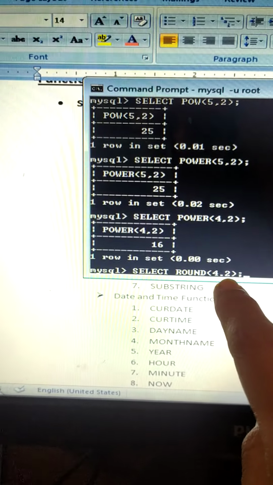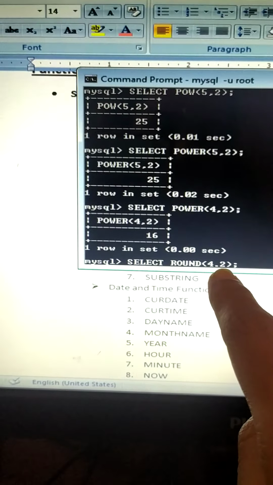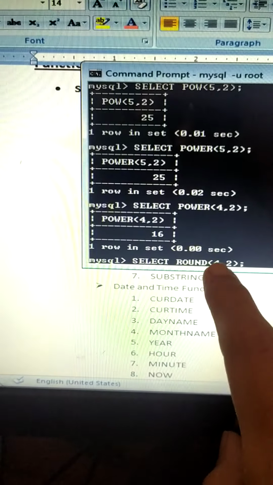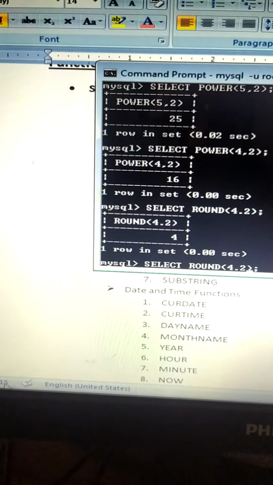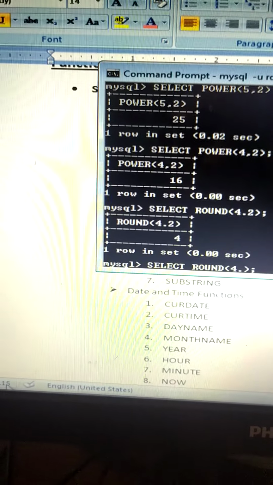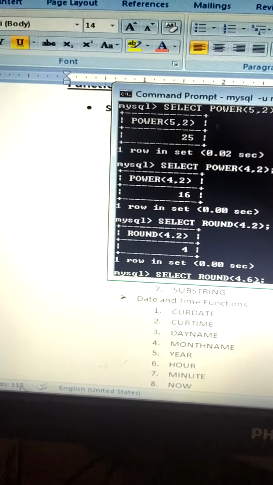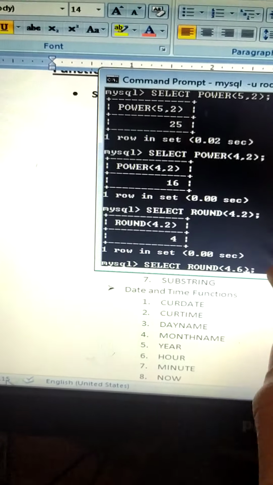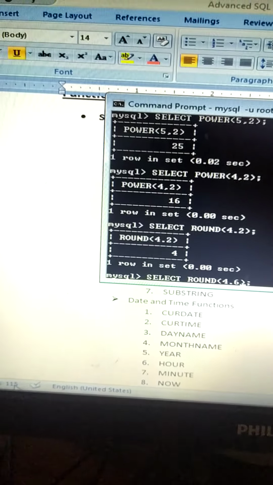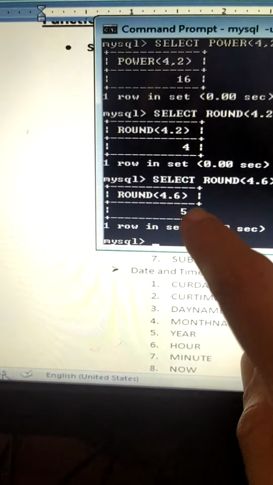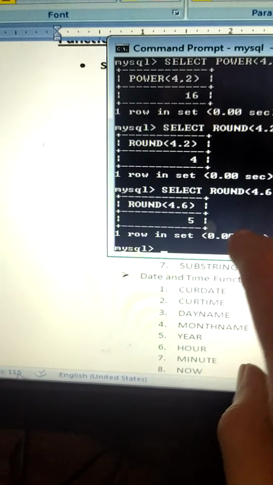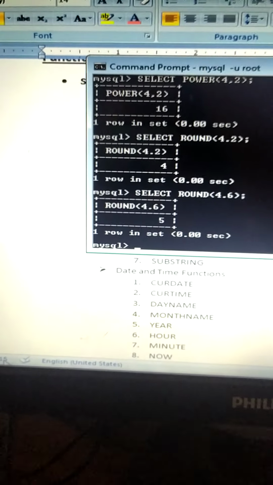It should return 4 because 2 is less than 5. That is why it will return only 4. If it is 4.5 or else 4.6 suppose, it will return 5. It will round off the decimal. The answer is 5. You have studied this in maths, how to round.